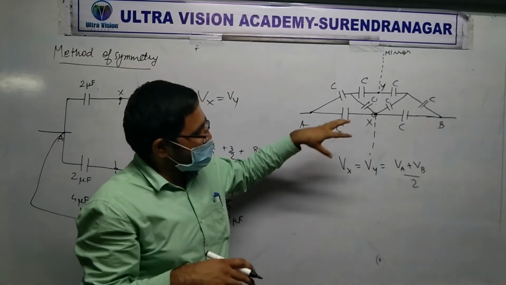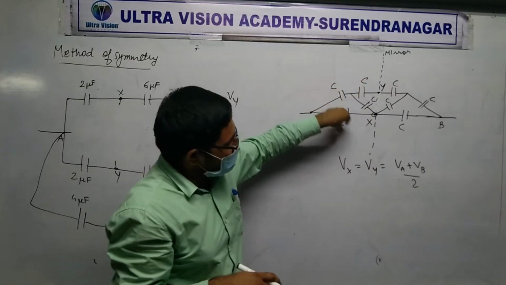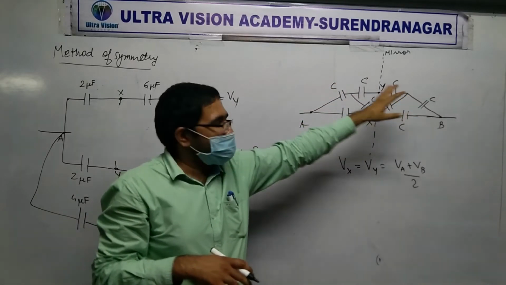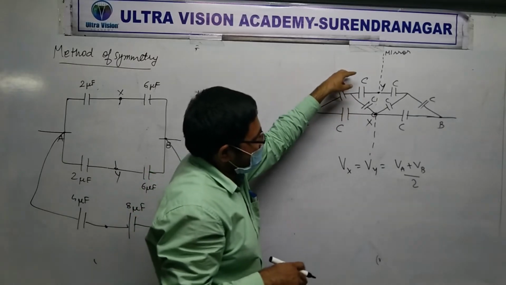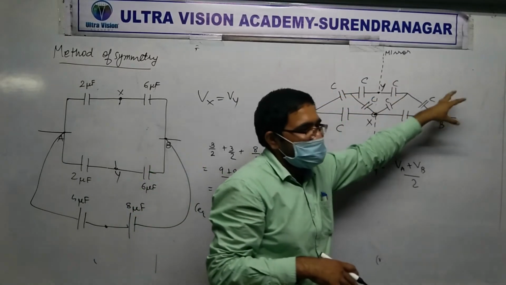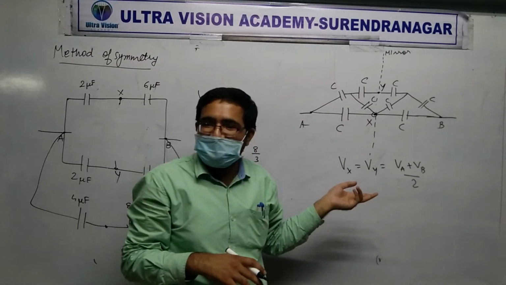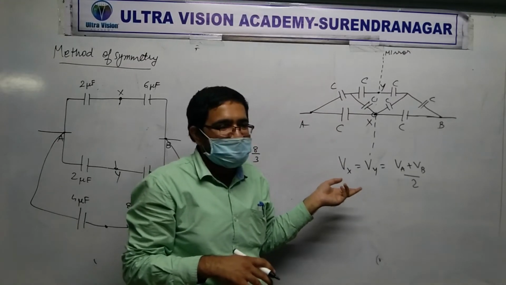So if I take this one whole part, and the other part is the same, so if the voltage for this is V, then for that one is also V. So total 2V, that is VA minus VB. Make sense or not?